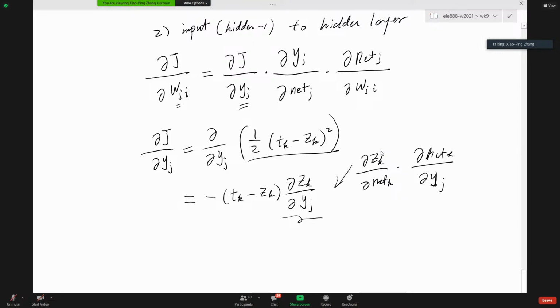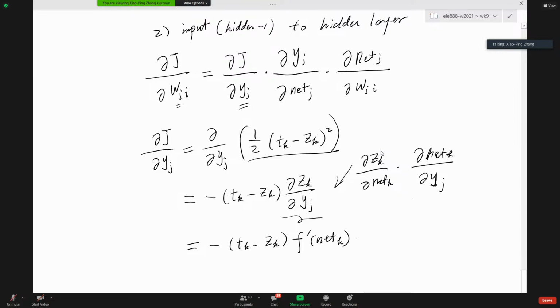That gives us minus tk minus zk, times f prime net k, times net k to yj.